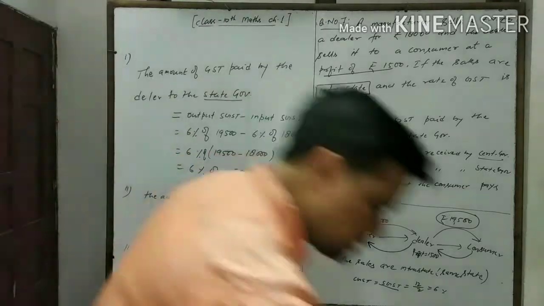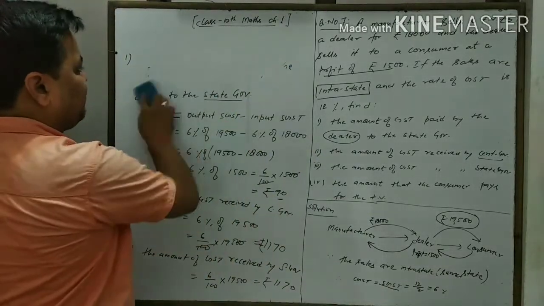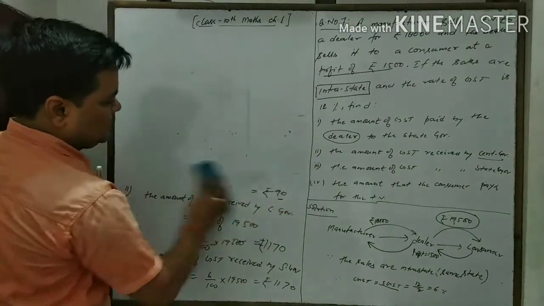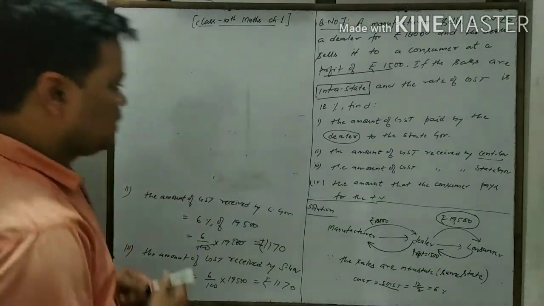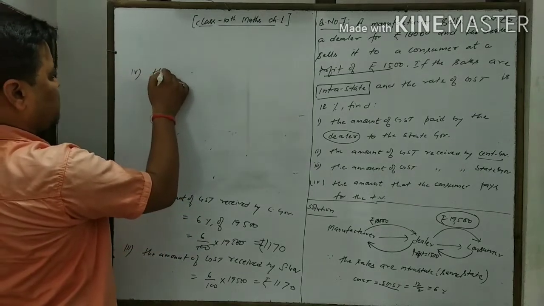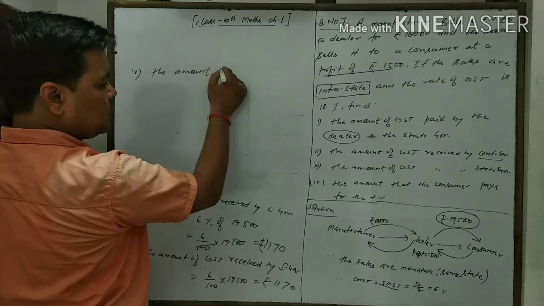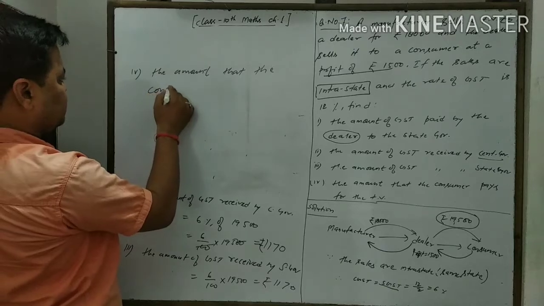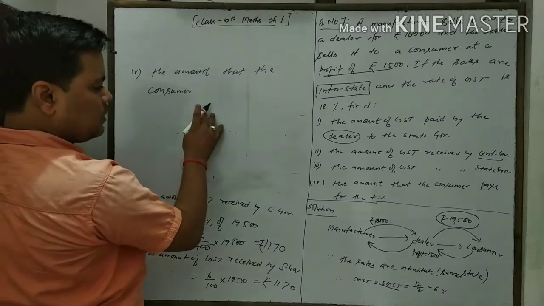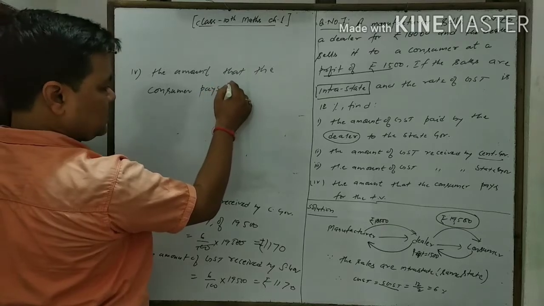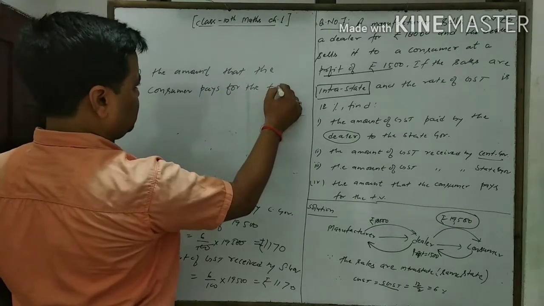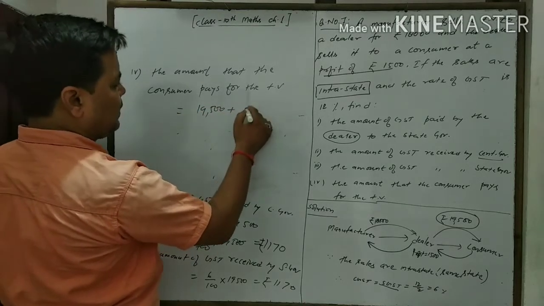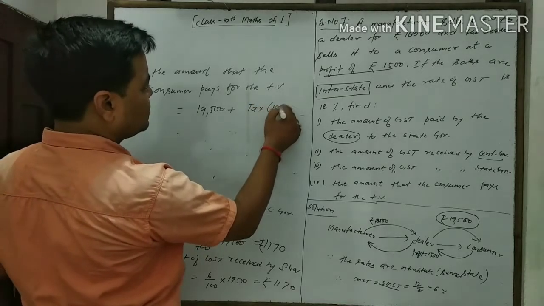Now we have to calculate the last question of 7, the fourth one: the amount that the consumer pays for the TV. That will be the total cost price 19,500 plus tax under GST.